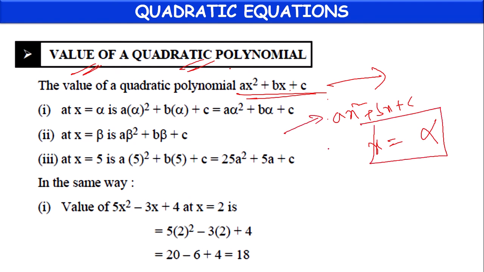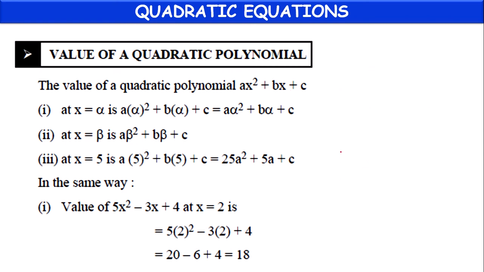What is the value of the polynomial when the variable equals alpha? In the x place we have to keep alpha. Here, children, we are finding the value of the polynomial, not the value of the variable.